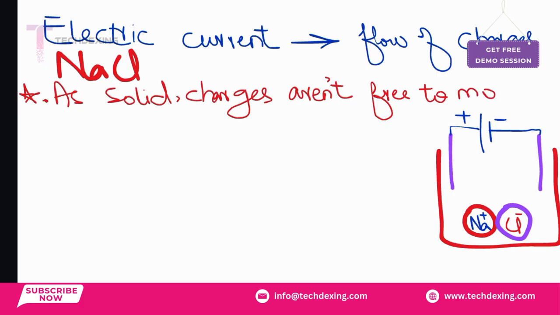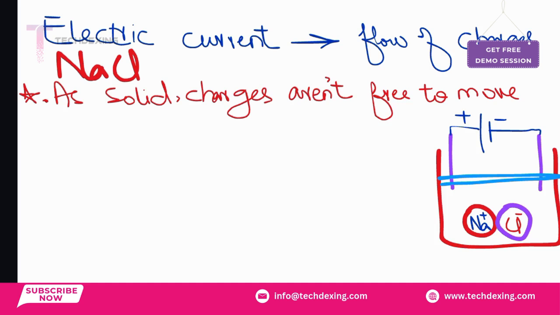As you can see on the slide, the sodium ion is tightly attracted to the chloride ion. So the ions cannot move, they cannot flow. So that's why the ionic compounds are bad conductors of electricity in the solid state.